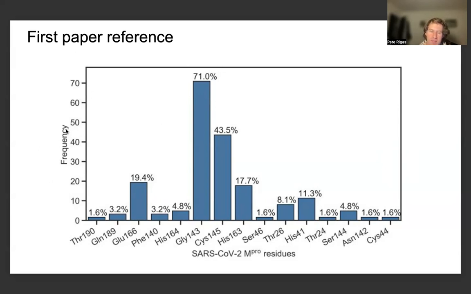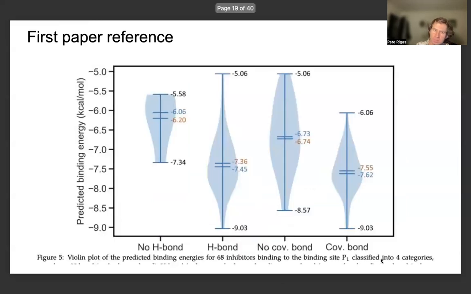So on the y-axis, we're plotting the frequency of different residues, and what's the probability of selecting any one of these residues when we're looking at a portion of the SARS-CoV-2 structure.